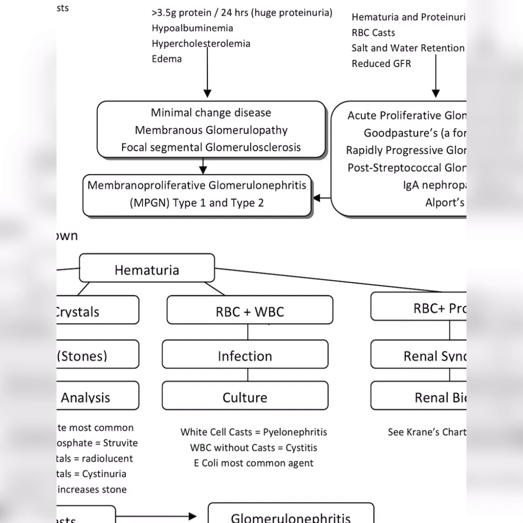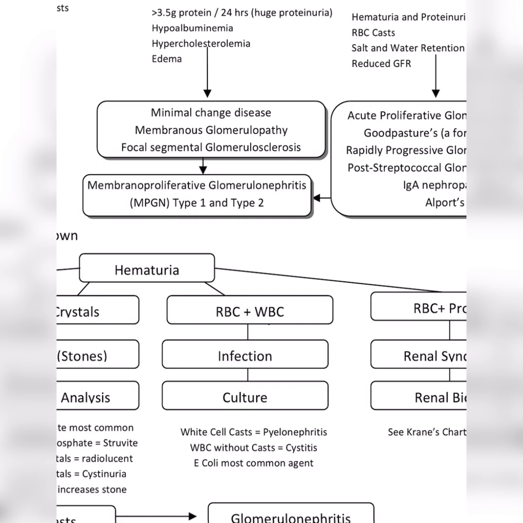If RBCs and WBCs are both present, it will point toward an infectious cause, so you need to go for culture. If WBC casts are there along with RBCs, it can be pyelonephritis.